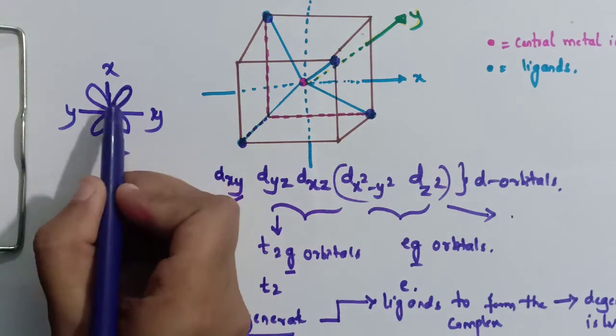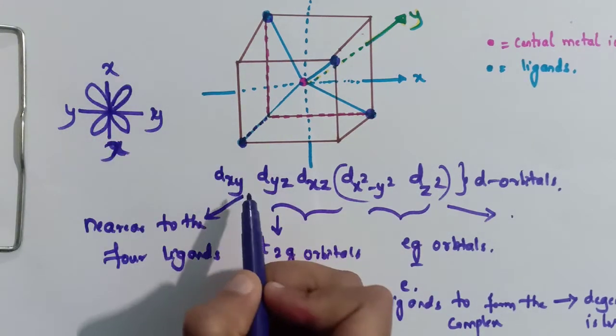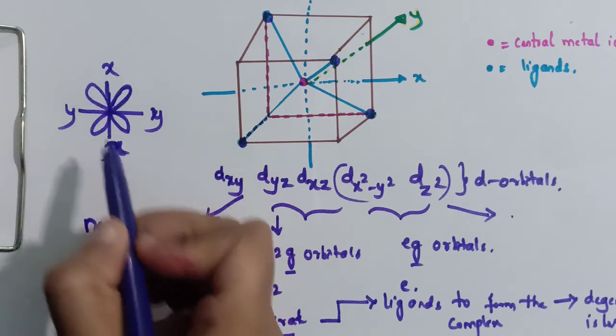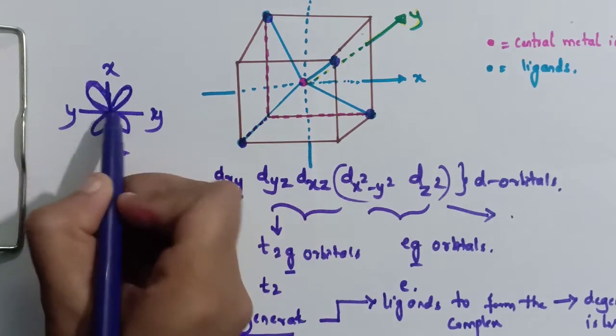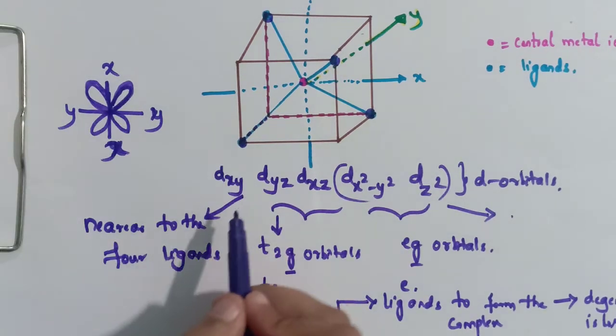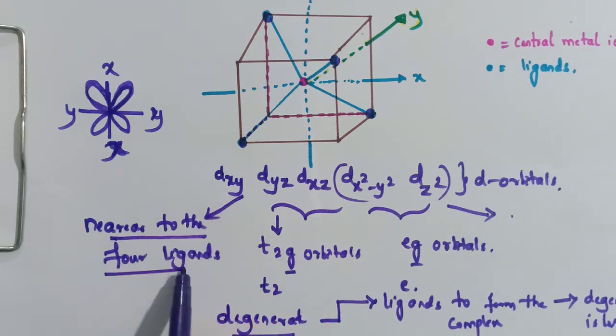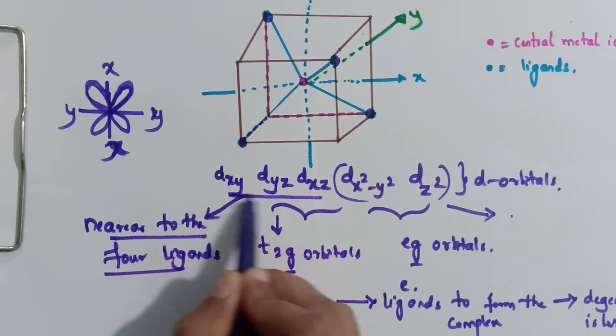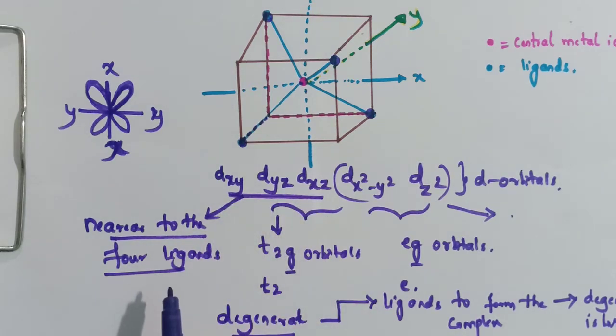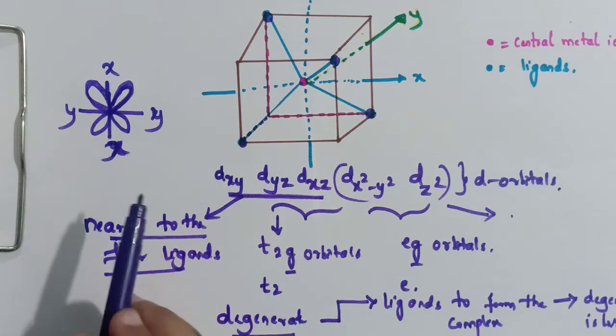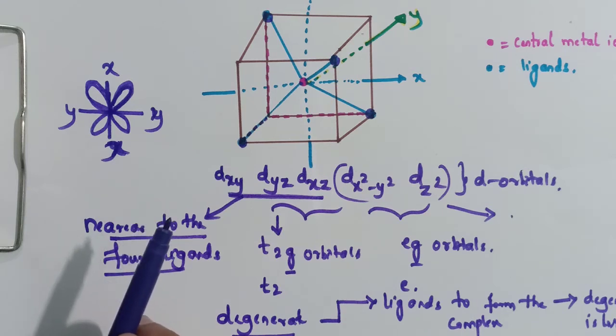Here these are the lobes. In the xy orbital, it is the x-axis, it is the y-axis, and the lobes are in between the axes. So it is dxy. Here these 3 orbitals are nearer to the 4 ligands. Why? Because these have their lobes in between the axes.